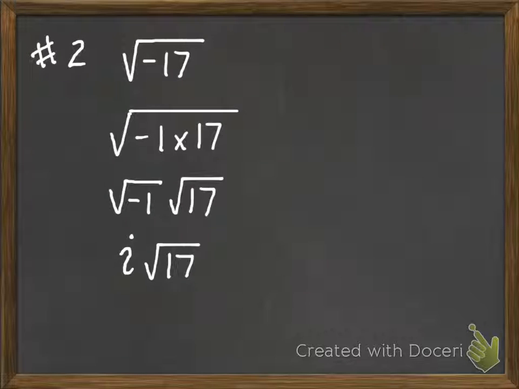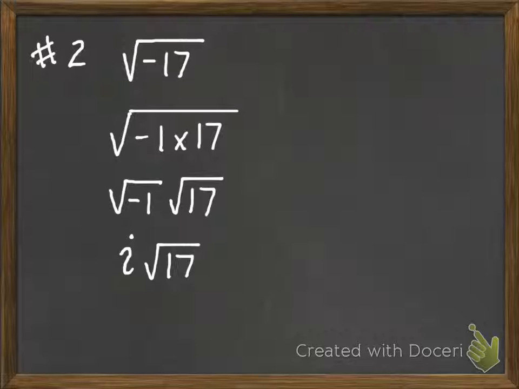Number 2, the square root of negative 17. Now, unlike on the previous slide, 17 is not a perfect square, but we still write it as negative 1 times 17, and we take the square root of negative 1 times the square root of 17 by the product rule for radicals.